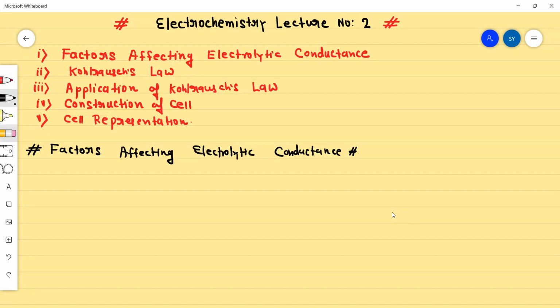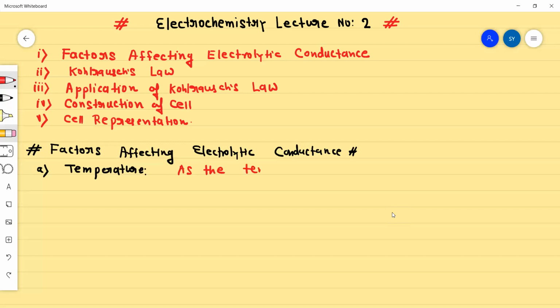So you have given the heat. The first factor that can increase the conductivity is the temperature. Now see, when you heat any electrolytic solution, what happens? The ions get kinetic energy. How do they get kinetic energy? Because of heat.